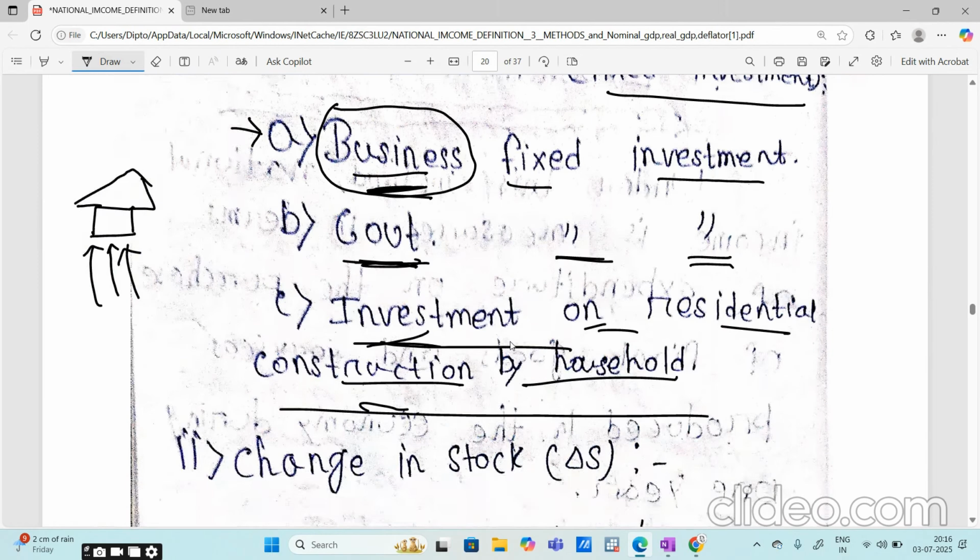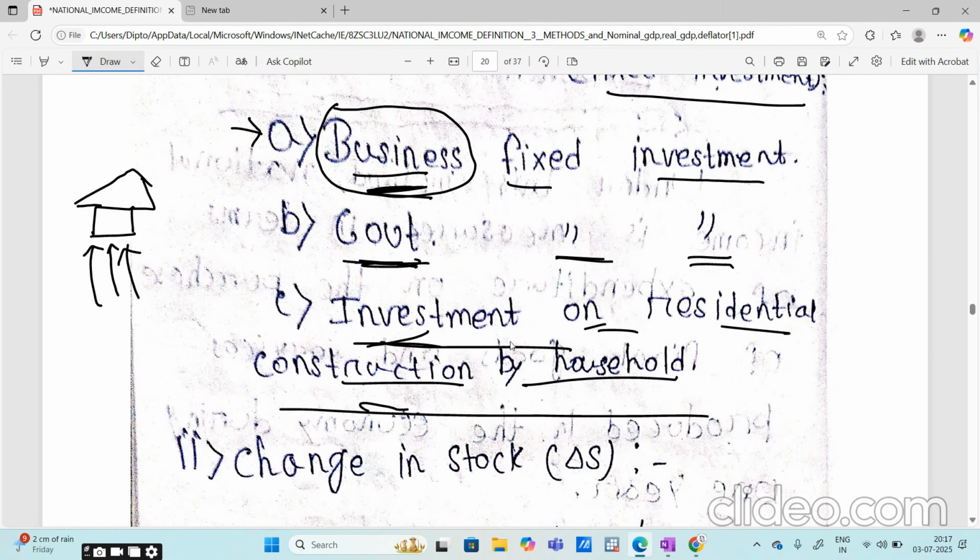Well, the answer is, whenever I am making this investment on the residential construction by the household, whatever cement or all the other things that I am buying are actually influencing the economic condition, making the economy move, because there is demand being created in the market. Why?